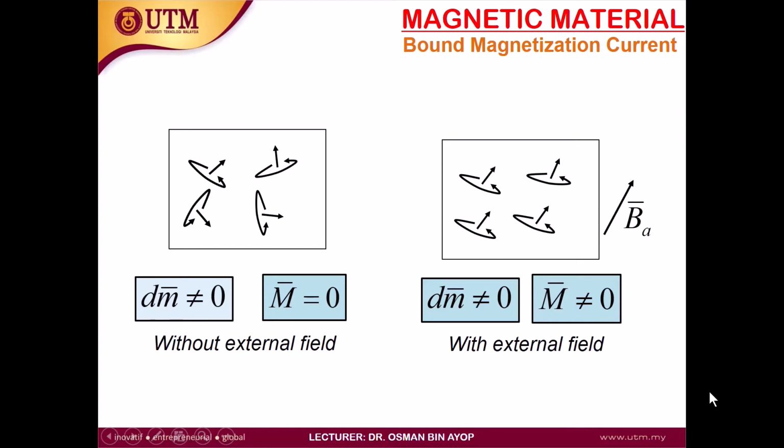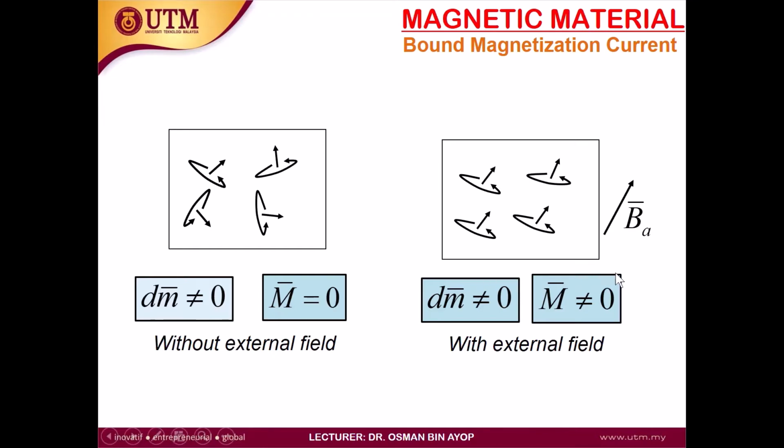Let's see these two conditions. First is the condition without an external field. You can see that the dipole moments are random, with a lot of directions. In this case, the dipole moment is not equal to 0, it has a certain value, but the magnetization is 0.